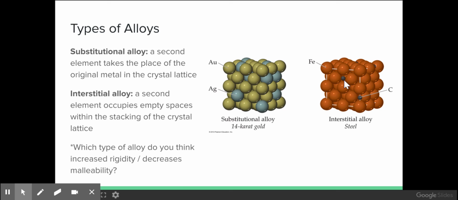And kind of like different size stones, like if you have a stone path, you'll see different sizes of rocks because the larger rocks can't move around if there's smaller ones that are wedged in between the tiny spaces. An interstitial alloy actually increases the rigidity much more. So that's why steel is a lot stronger than something that is a substitutional alloy.